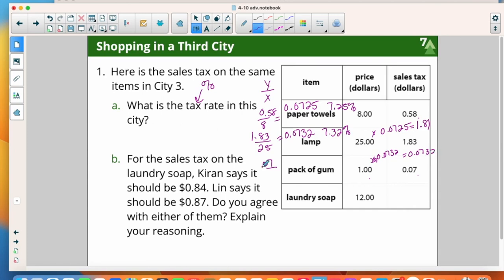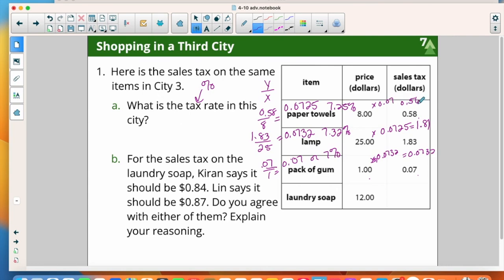If I do 0.7 divided by 1, though, I get exactly 0.07 or 7%. So does this mean it's not proportional? No. What it's telling me is that some of my amounts were rounded amounts, so I'm not exactly sure what my percentage is. I know it's not exactly 7%, because if I multiply $8 by 0.07, that gives me 56 cents exactly, not 58 cents.